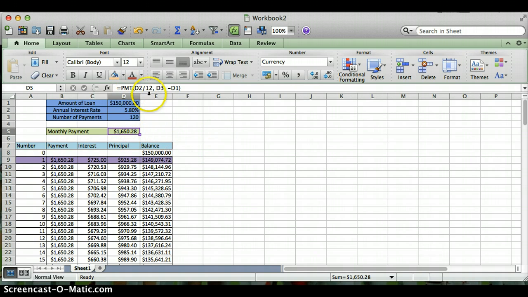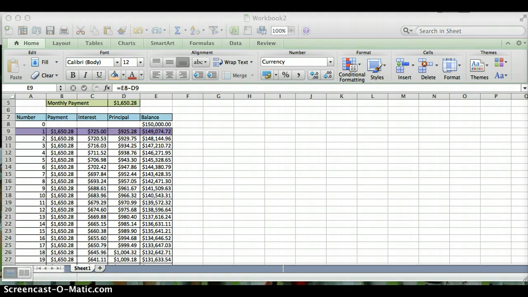Okay, so it's the PMT formula, and it's D2, which is the rate, so 5.8%, divided by 12 because it's an annual interest rate. And then D3, the number of payments, and D1, which is negative because it's a loan. So technically it's negative $150,000. So we did that there.